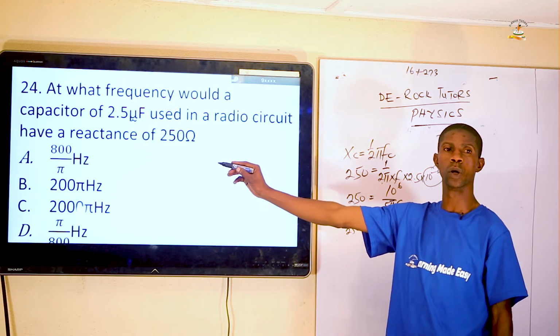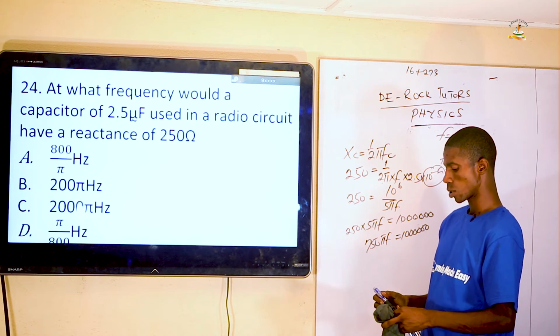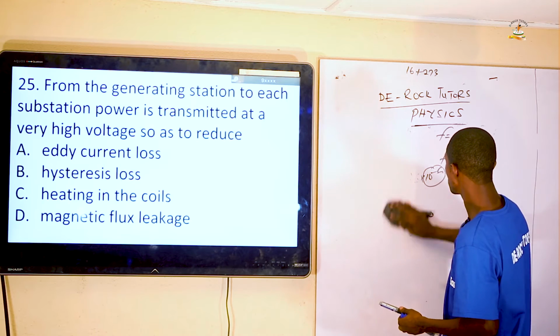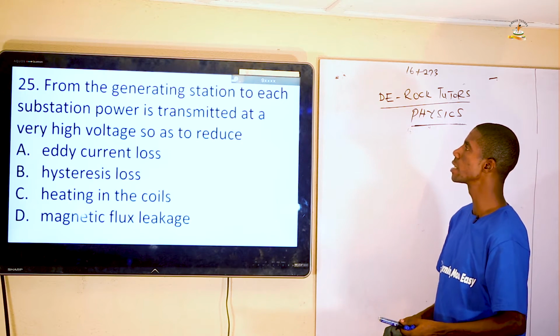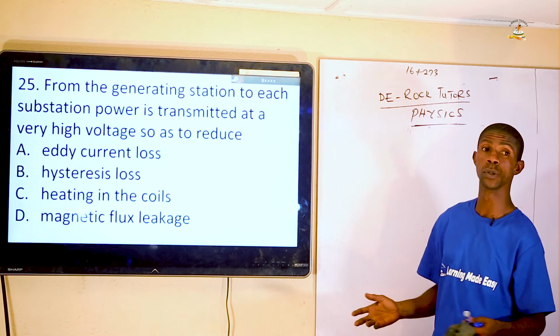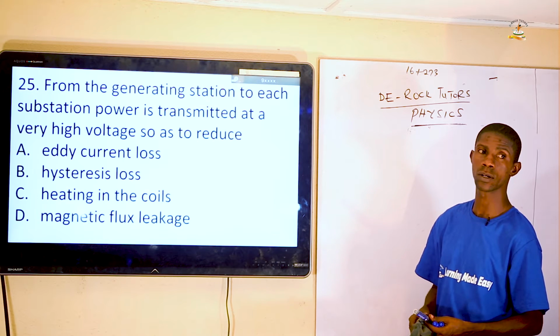So that gives option A. Shall we now go to the next question? From the generating station to each power station, electricity is transmitted at a very high voltage so as to reduce eddy current.